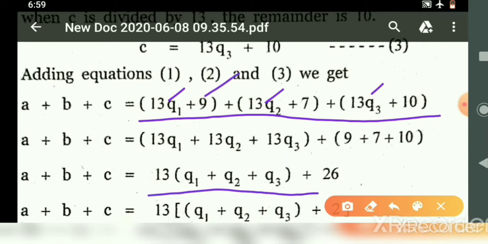Remaining is 9 plus 7 plus 10, which is 16, then 26.